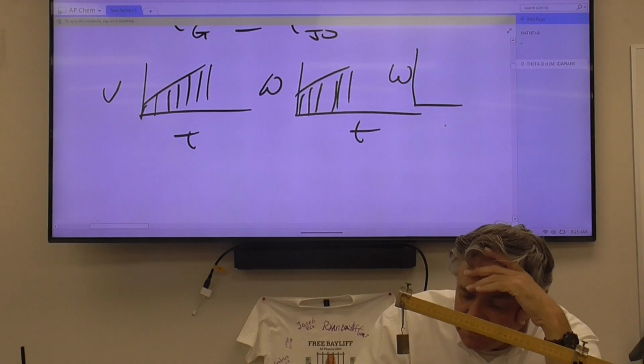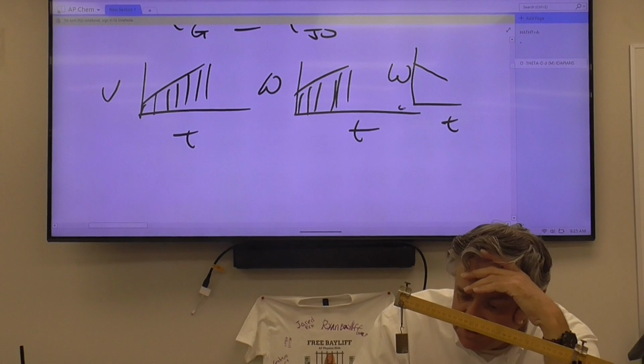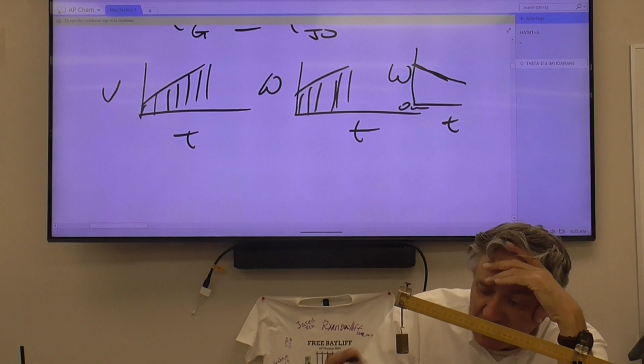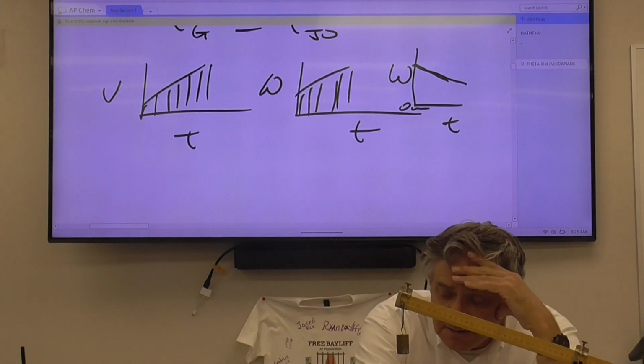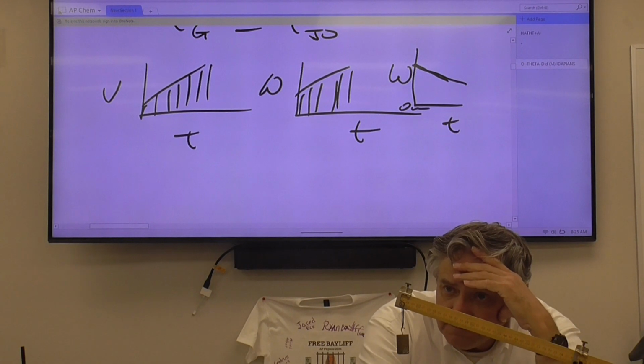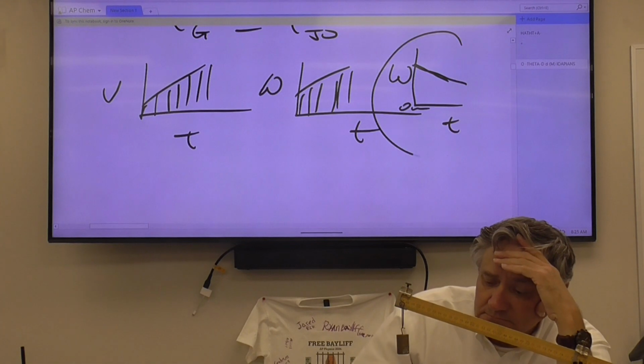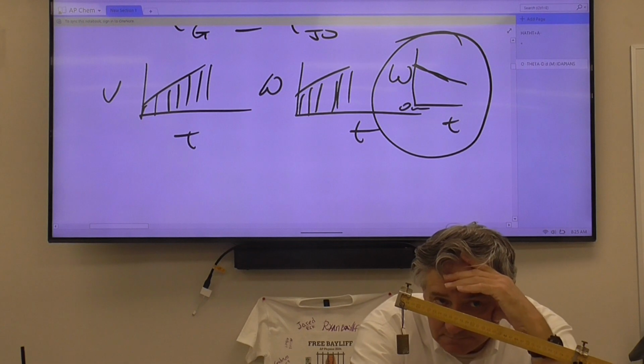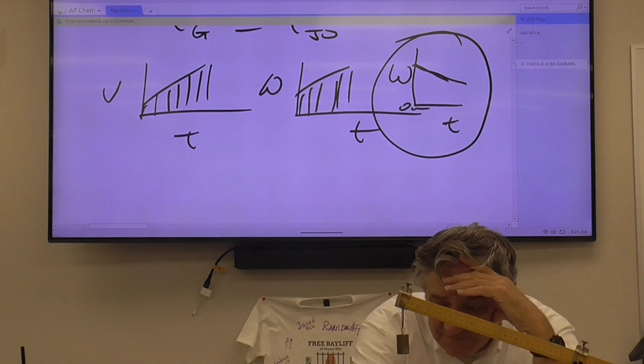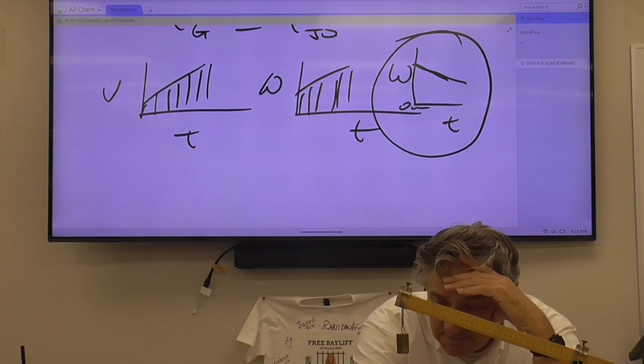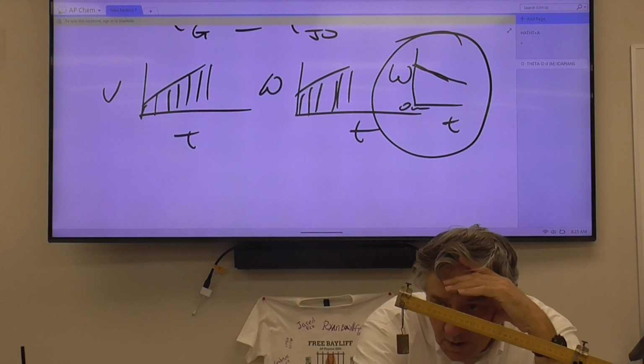If this is an omega time graph and that's 0, is the wheel spinning faster or slower as time goes by? Slower. Why?